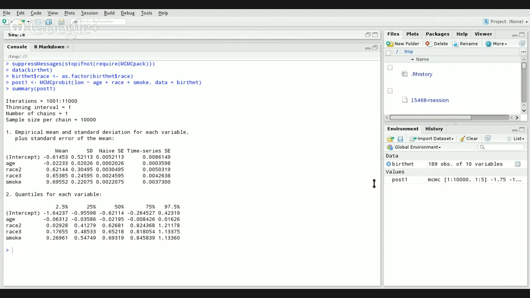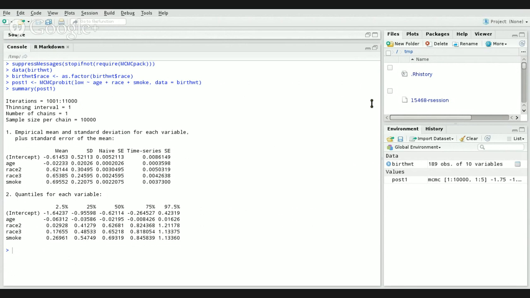And because the probit link function is monotonic, we have, with probability greater than 0.95, a positive association between pregnant women smoking and the incidence of low birth weight children in these data.